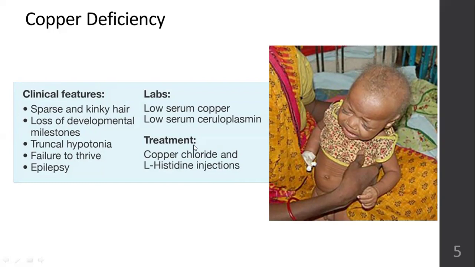Treatment: copper chloride is given. Copper sulfate is also given these days. And L-histidine injections are given. The dosage of these medicines differs. In syrup form, 300 micrograms per 15 ml is prescribed.